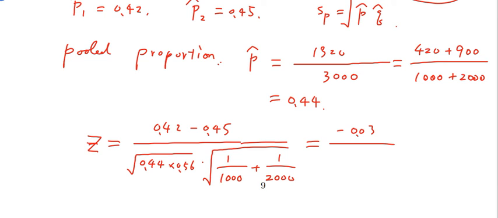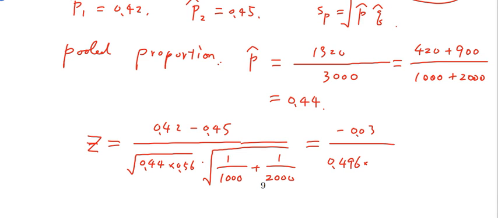Okay, 0.44, 0.56. Take the square root. That equals 0.496. Then multiply by the square root of 1 over 1000 plus 1 over 2000.